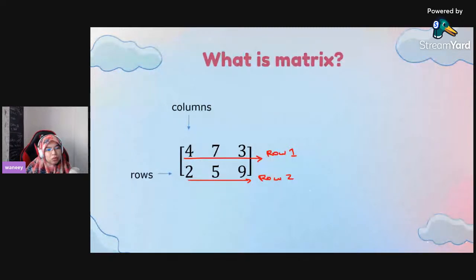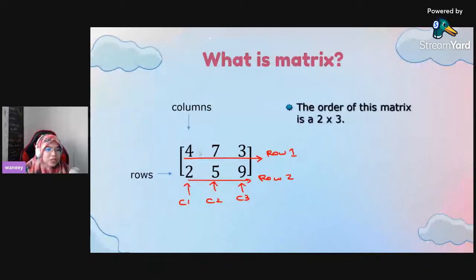So we have column 1, C1, column 2, and then column 3. I'm lazy to write it out in full, so I just write C. Okay, so row 1, row 2, column 1, column 2, column 3. If we are talking about the order of this matrix, it will be 2 by 3.